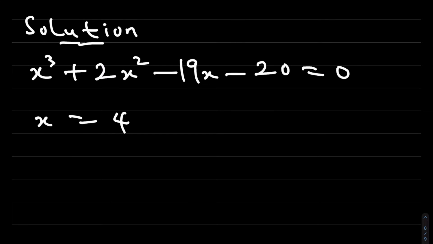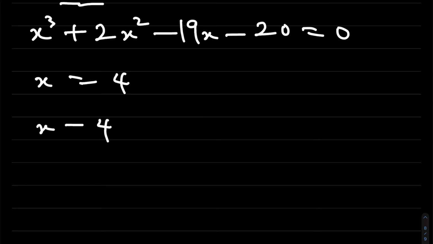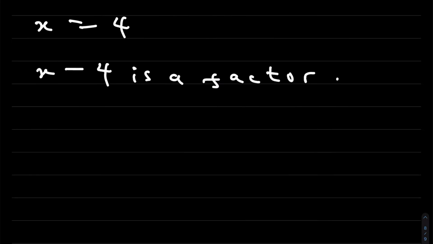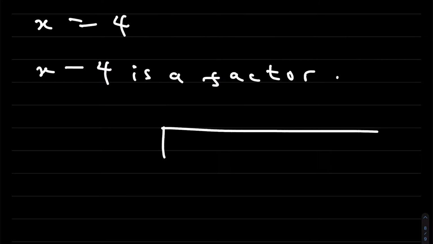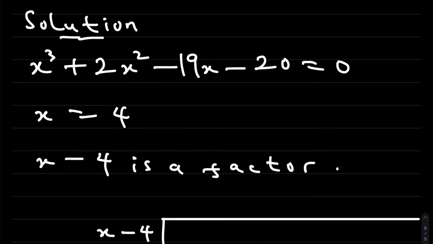If x is equal to 4, that simply means x minus 4 is a factor of the cubic equation. Now to find the other roots, we can divide the cubic equation by x minus 4, one of its factors, which we already know.